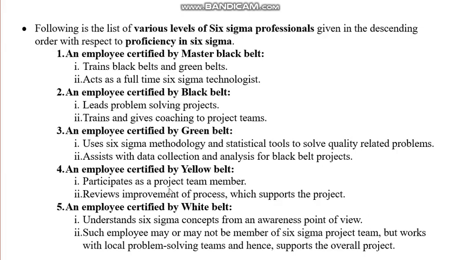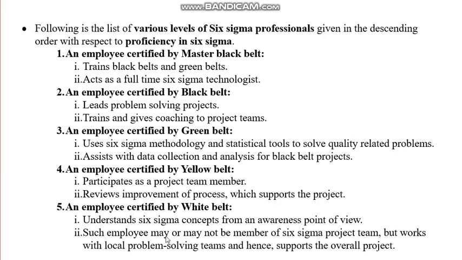These yellow belts are participants in the project team, and they review improvements of processes, and they support the project. They may give feedback and other things. And these white belts only have knowledge and awareness about Six Sigma.